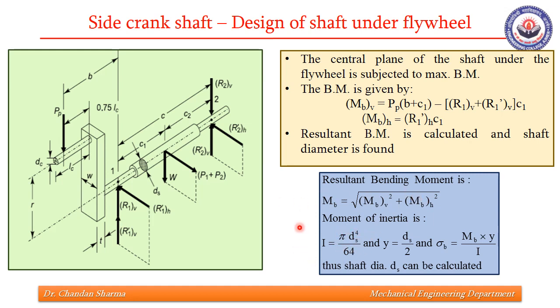I for the shaft is pi ds^4 upon 64, where ds is the diameter of flywheel shaft and y is ds by 2. If we know the stress for the shaft material using this equation, the only unknown left is ds. So we can find what would be the shaft diameter under flywheel.